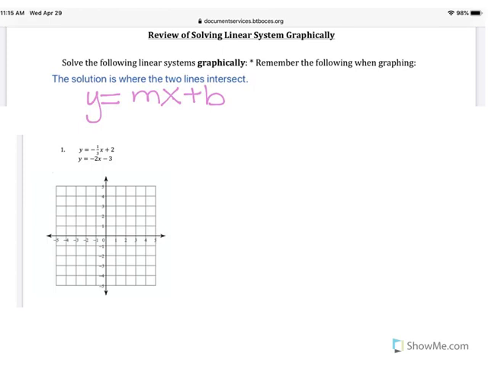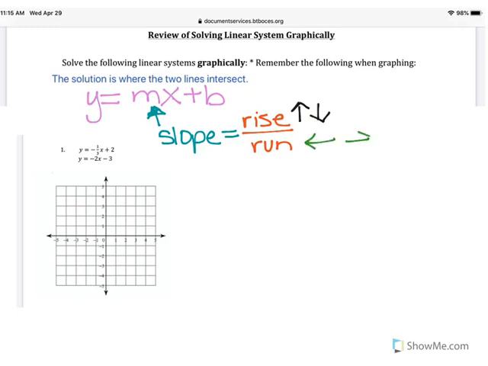Now, from y equals mx plus b, hopefully you remember what each part represents. And that means that m, you hopefully remember, is the slope, which we talk about as rise over run. Rise being how much you go up or down, and run being how much you go to the left or to the right.